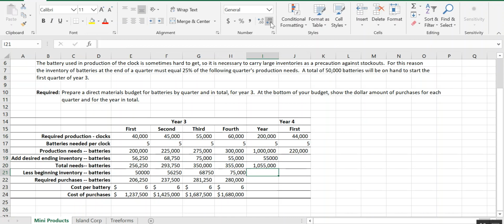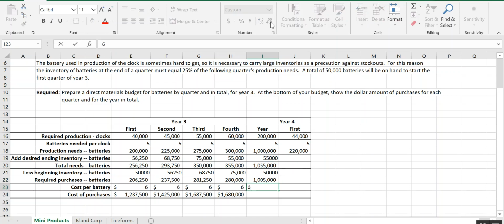And then we're going to subtract out the beginning inventory, which is way over here in the first quarter. We have 50,000 as the beginning inventory, and we're going to subtract that. So we take the 1,055,000 minus the 50,000, we get 1,005,000.